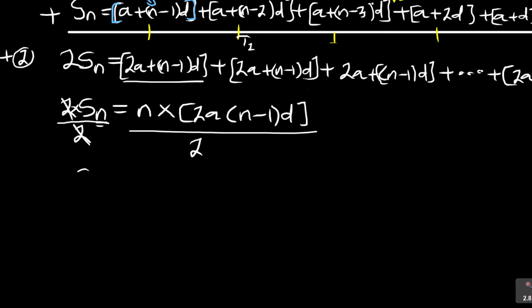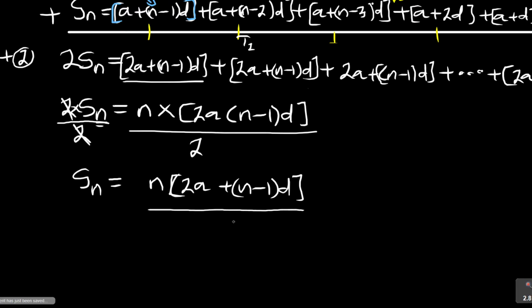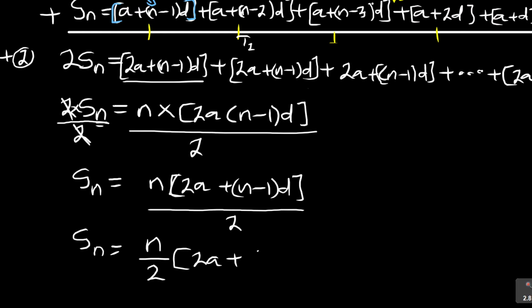Then Sn is equal to n times, you can drop that times, then it becomes n, bracket 2a plus n minus 1 d, brackets all over 2. But this is the same as n over 2, still meaning the same thing, and then you write it like this: 2a plus n minus 1 d.